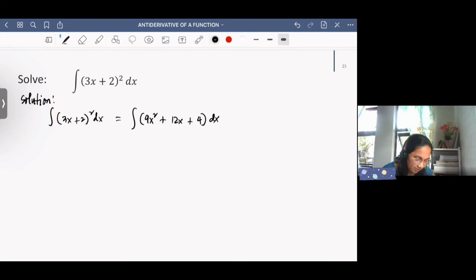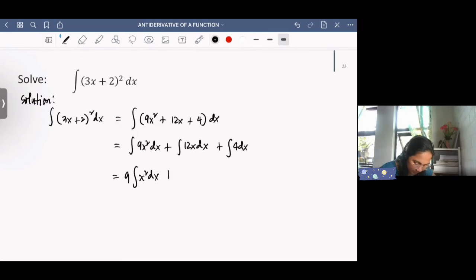Next is by our sum rule of integration. We have the integral of 9x squared dx plus the integral of 12x dx plus the integral of 4 dx. By the constant multiple rule of integration, we will have 9 times the integral of x squared dx plus 12 times the integral of x dx plus 4 times the integral of dx.